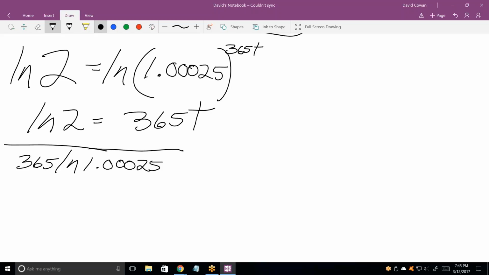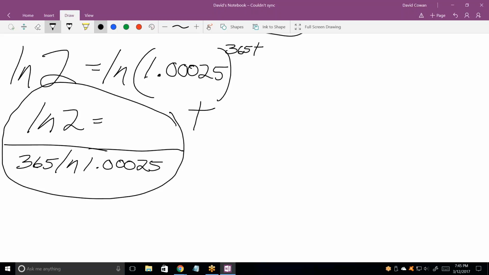And in fact, if I wanted to, I could make this the exponent of 1.00025. In other words, I've solved for t, and this is actually the best answer you can get. Even though they've said, give me a number of years, so you'll want to pull this out of your calculator and round it off to some number of years, if they wanted real precision, this is the most precise answer.